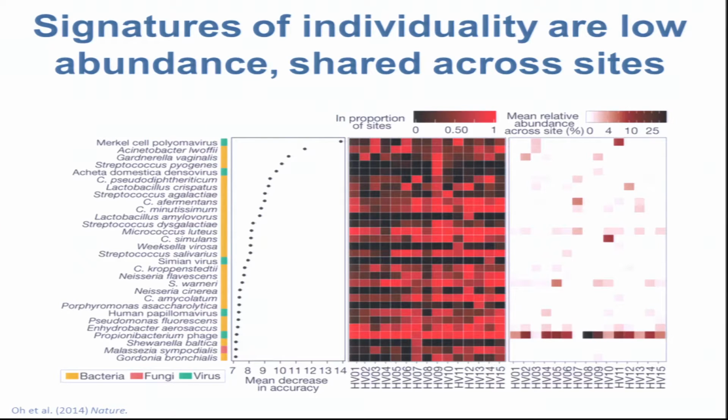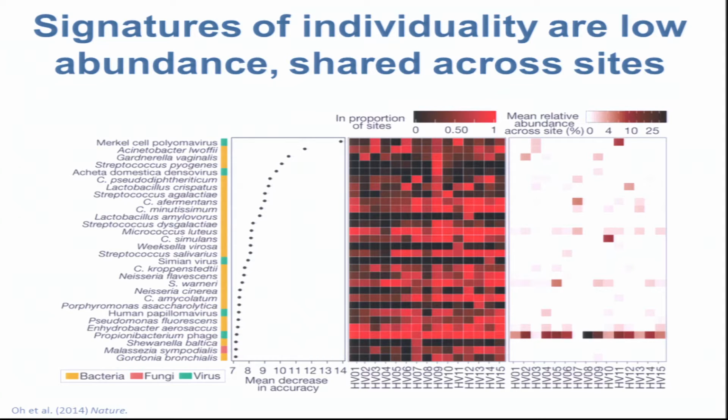Speaking more to this was a paper from Julie Segre's lab a couple years ago looking at signatures of individuality, and this recapitulated the idea that the individuality is in those low abundance organisms that are shared across sites.